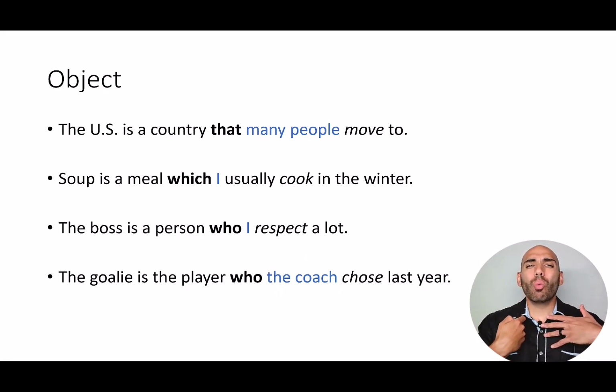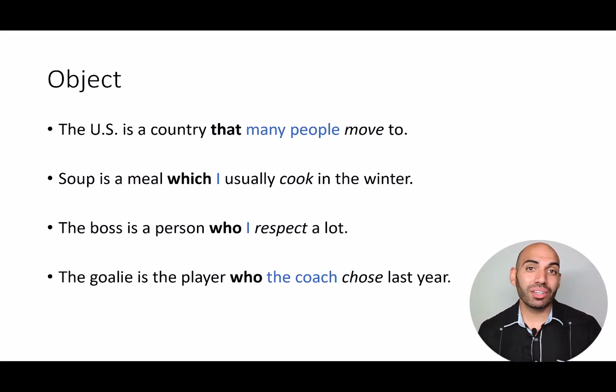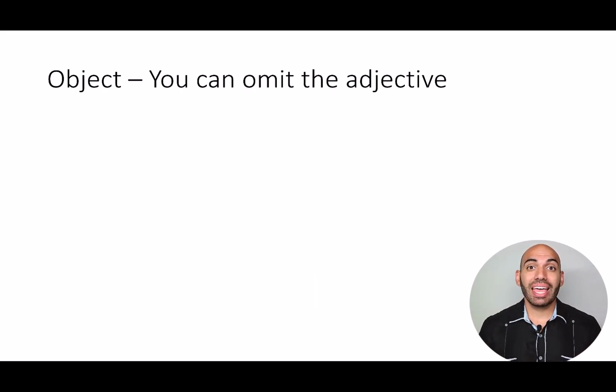So, why am I telling you this? What is the difference? Well, there is one big difference with how we use these in English when we are talking and when we are writing. If I have an object adjective clause, I can omit the adjective.